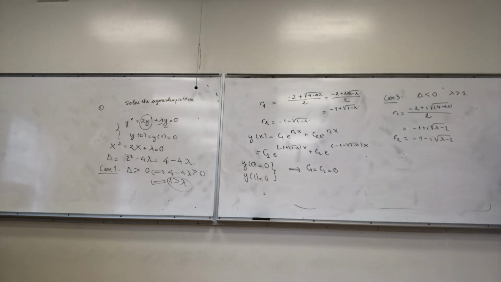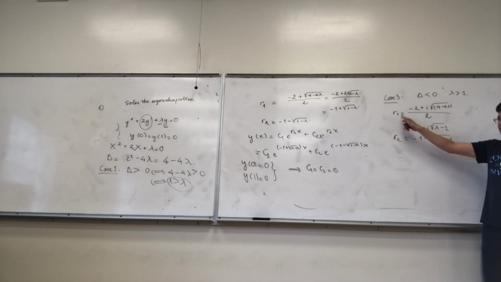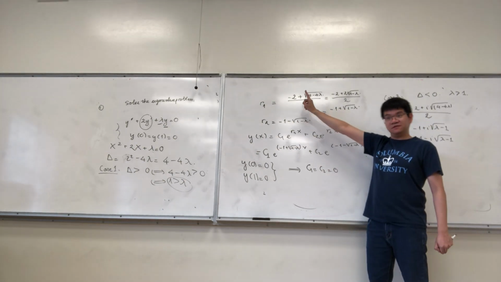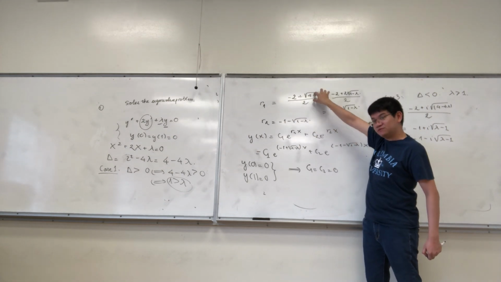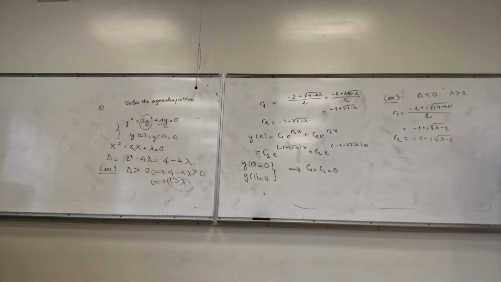I explain again. For the third case, you want to keep this solution, except that here this is negative, so you put an i and you put the absolute value. So you have minus 2 plus i times the absolute value of 4 minus 4 lambda. You divide by 2, and then the absolute value of 4 minus 4 lambda is 4 lambda minus 4. So you can replace this.